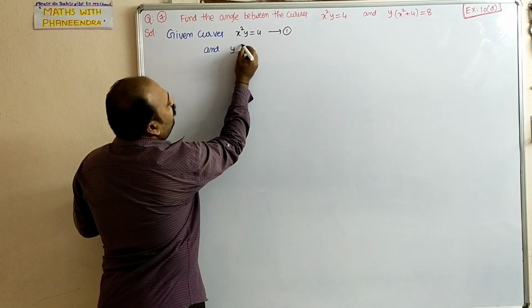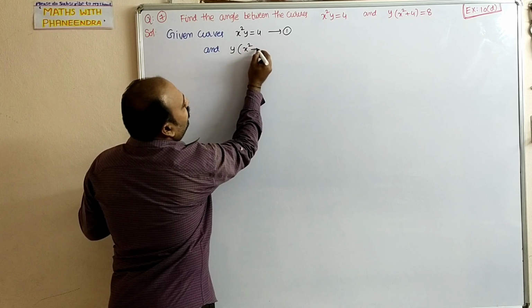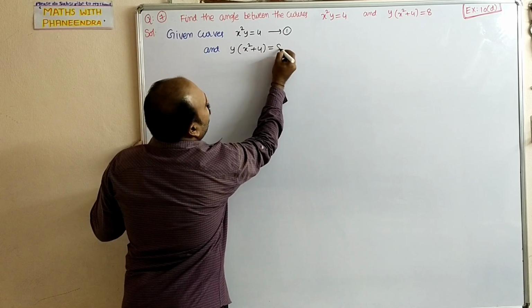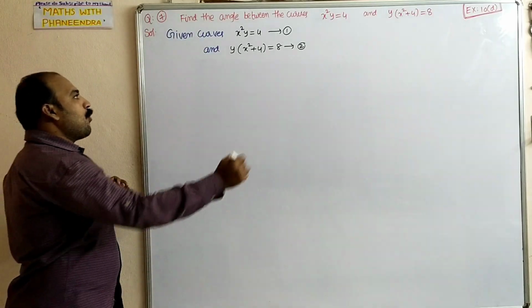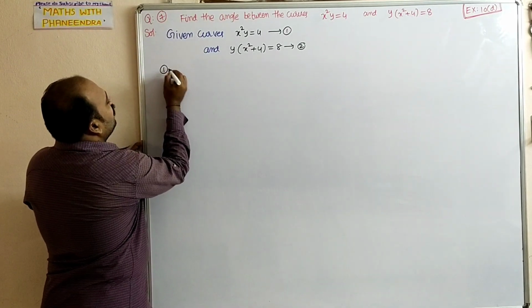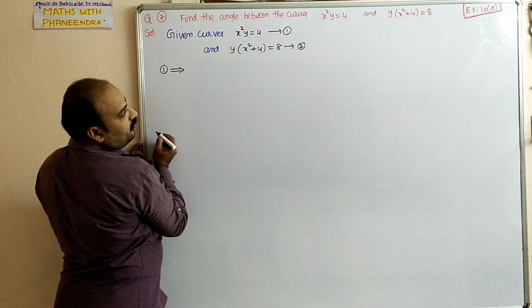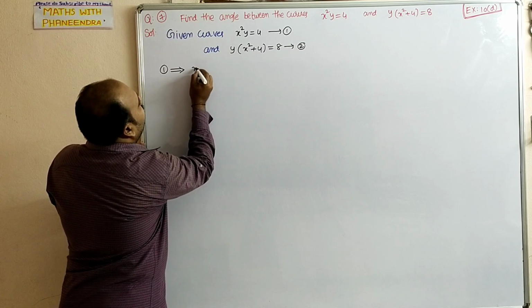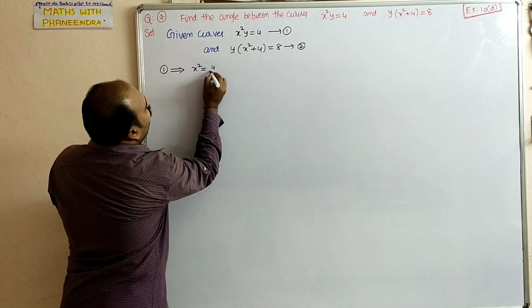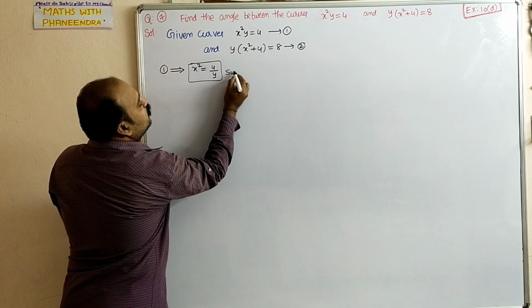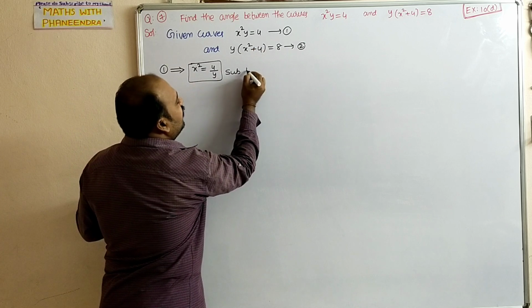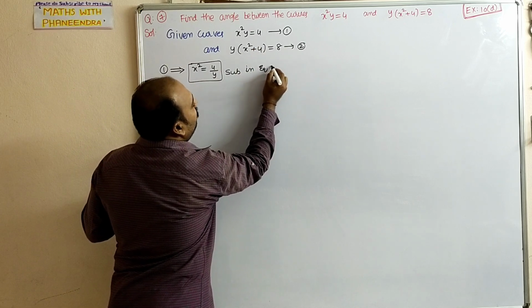And the second curve y into x square plus 4 is equal to 8. Now from equation 1, x square can be written as 4 by y. Substitute the x square value in equation 2.